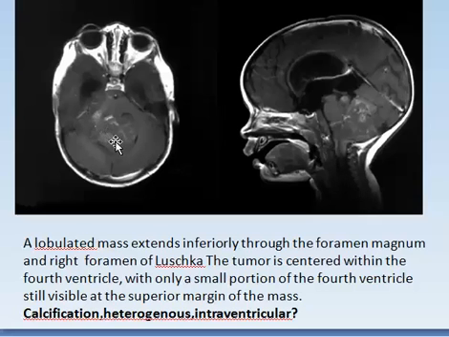The tumor is centered inside the fourth ventricle, so you can see the obliterated lumen around, and only a small portion is seen here and there. Of course, it presented calcification and heterogeneous enhancement, and definitely intraventricular, so it is an ependymoma.